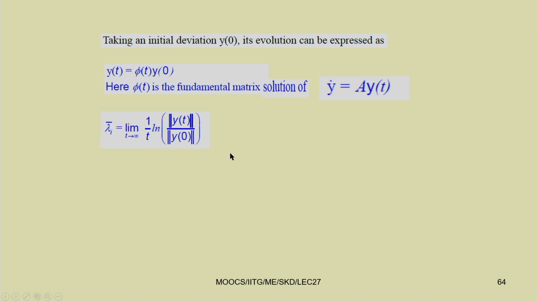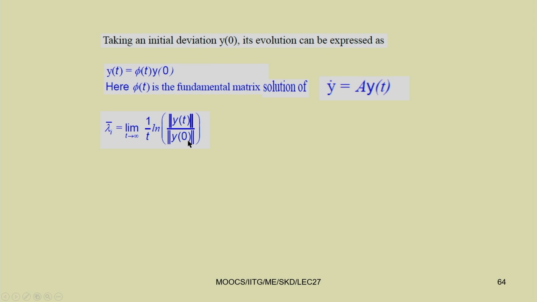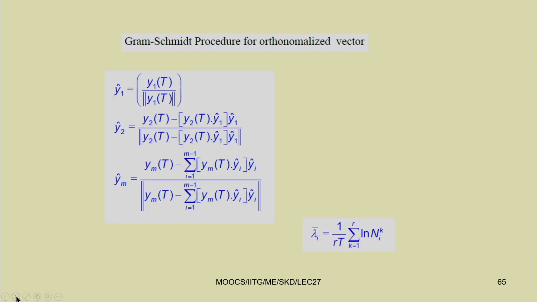For a multidimensional system, where the state space is m dimensional, we can write this using i equal to 1, 2, up to m, so it will be y_i(t) by y_i(0).